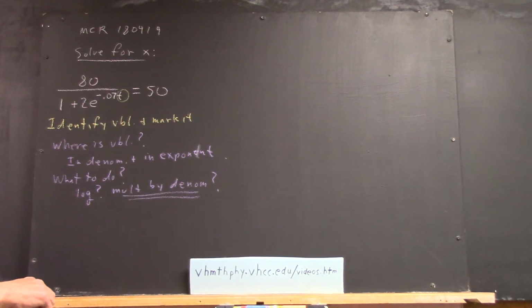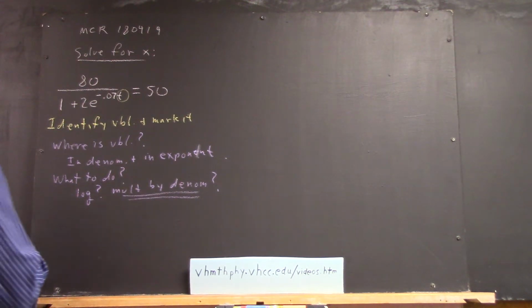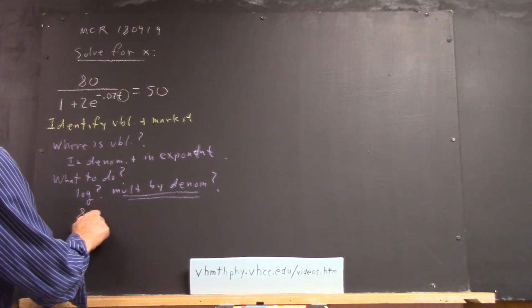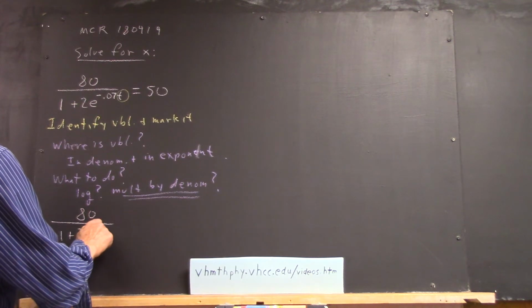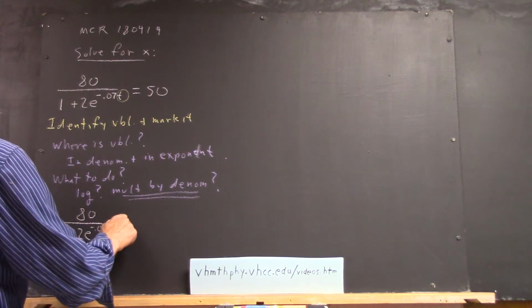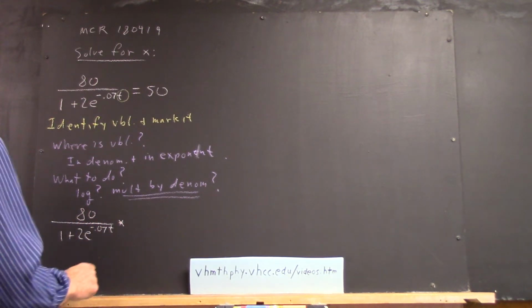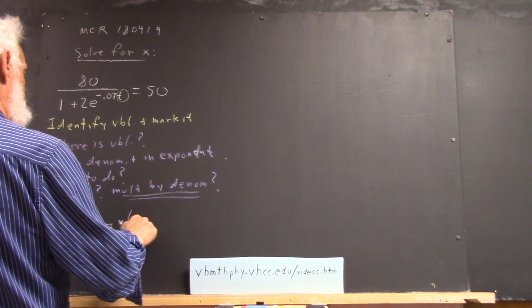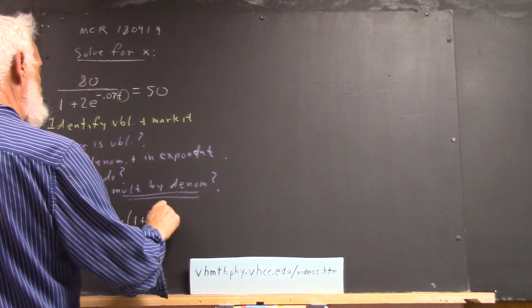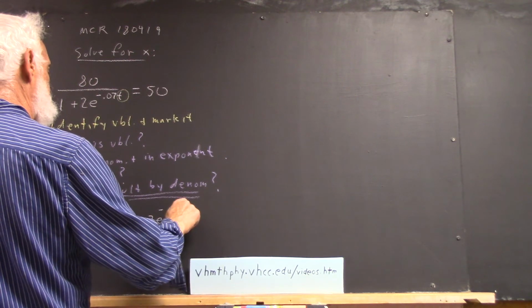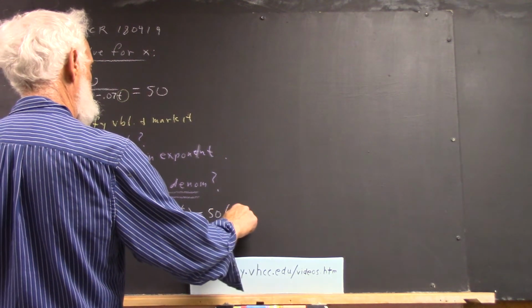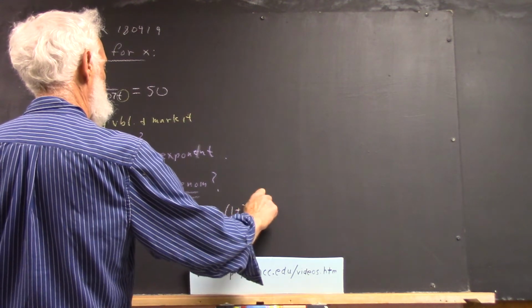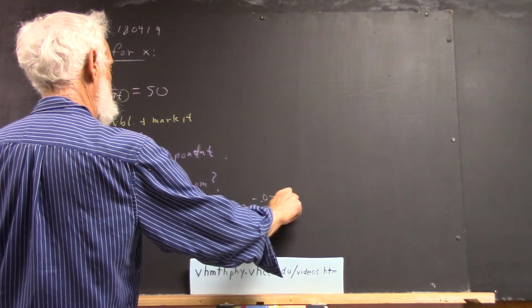Okay, so what we do is we say we're going to have 80 over 1 plus 2e to the negative 0.07t multiplied by 1 plus 2e to the negative 0.07t equals 50 times 1 plus 2e to the negative 0.07t.